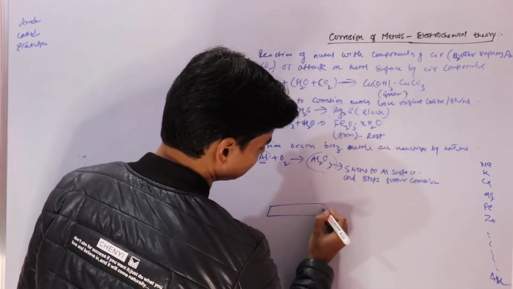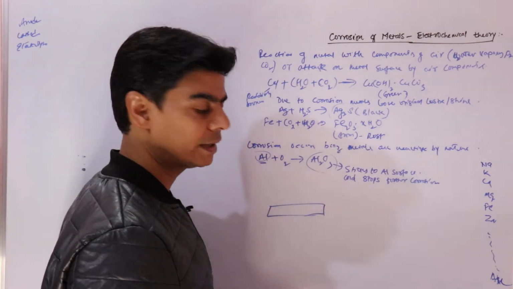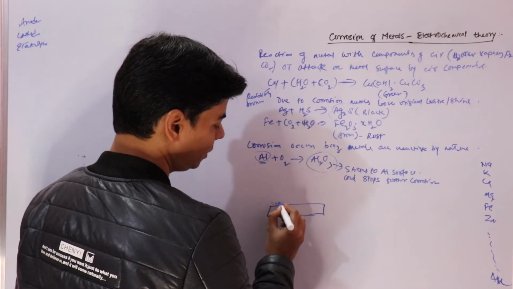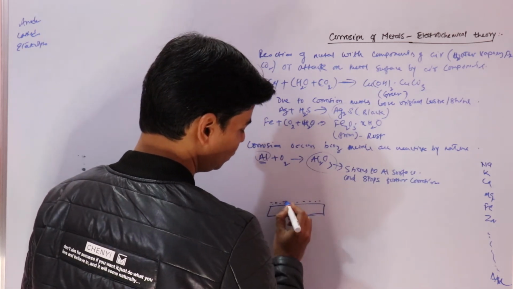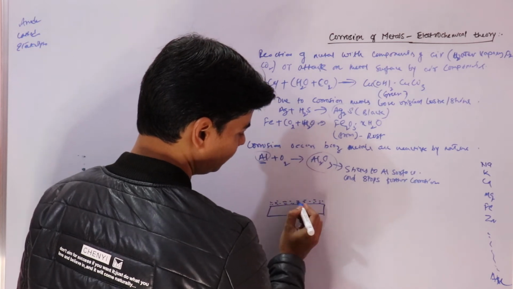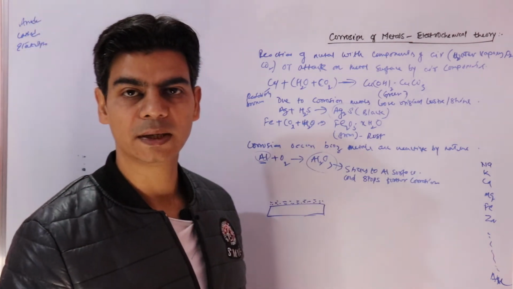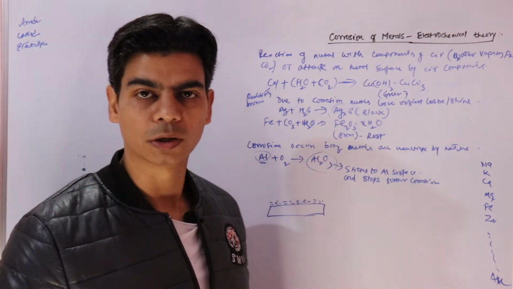Suppose I have taken this bar of iron and exposed it to outside air. You know, in air we have water vapor. So you will see a deposition of water vapor on this surface of metal. We know that oxygen and carbon dioxide are soluble in water. Right?